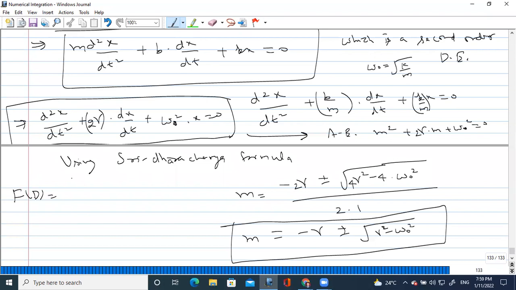Tell me, what is FD? D square plus 2 gamma d plus omega naught square. That is my FD. So in place of d, just place m. So it will become m square plus 2 gamma m plus omega naught square. This is just to get the roots. That's all.